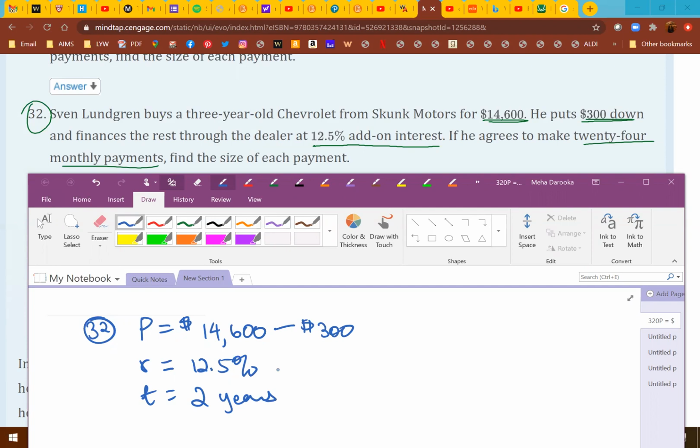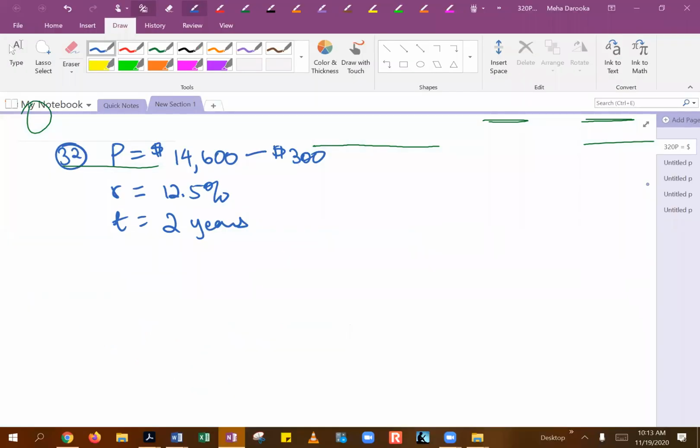So using that information, we can actually calculate what our interest is going to be. First of all, let's go ahead and finish the subtraction for the principal. If you take 14,600 and subtract 300 from it, you're basically just taking that 600 part and subtracting 300 from it. So you will end up with 14,300 as your principal amount.